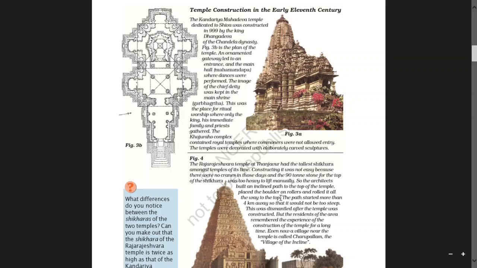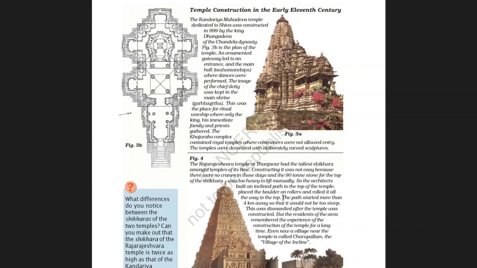So, as there were no cranes, boys, to lift heavy things, the architects, what they used to do, because those heavy things were not possible to carry by human being, built an inclined path to the top of the temple. Architect means person who designs buildings, and incline means turning away from the vertical or horizontal, or sloping.